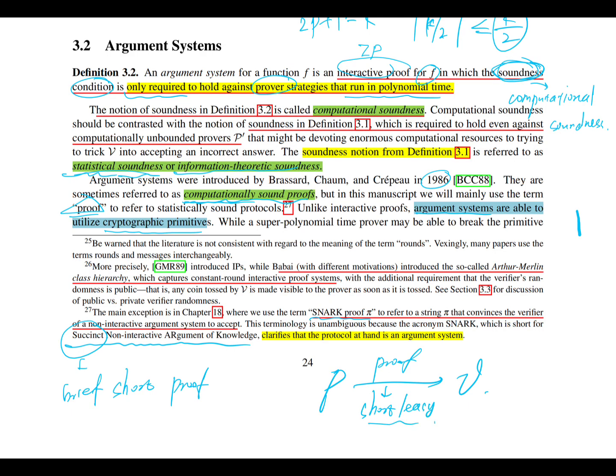It is non-interactive because before we had interactive protocols, but here we don't need interaction, so it simplifies the communication process in the argument system. It has two most important properties: the first is brief, short, and easy to verify, and the other is non-interactive.